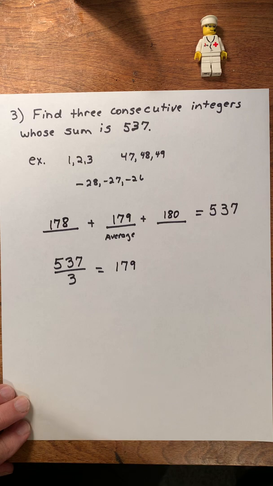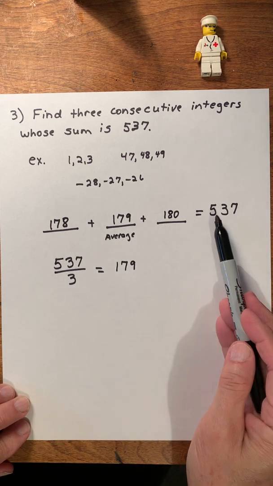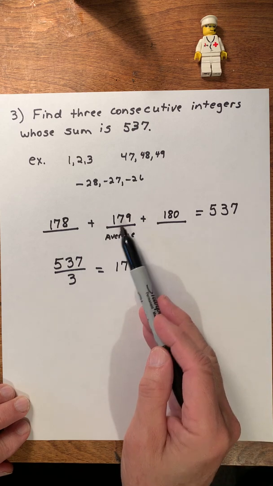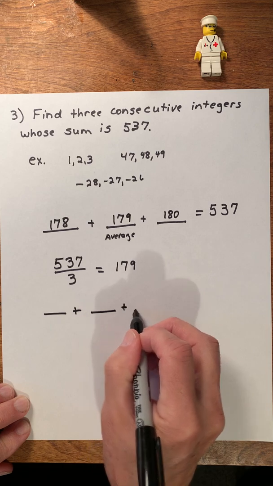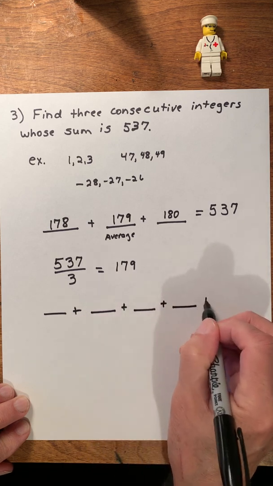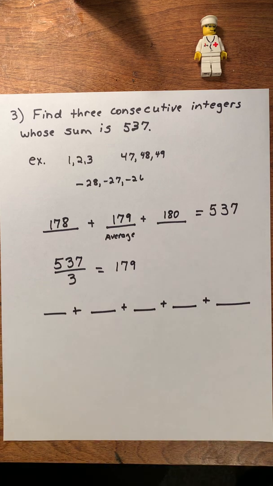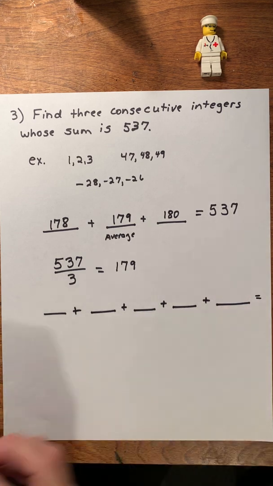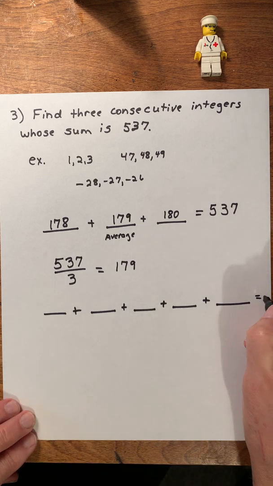All right. So if you have three things added to get something, to find the middle value, just divide by 3. Hey, if you have 5 things, let's say equals 135.